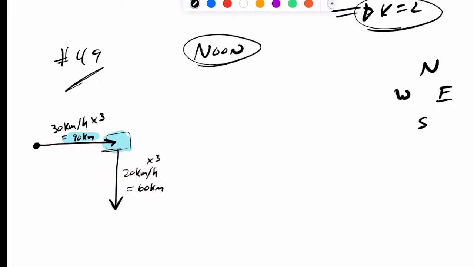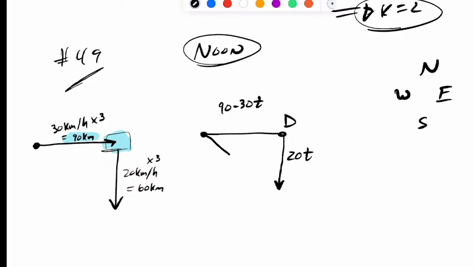So using the dock as the frame of reference, the initial distance from here to here is 90 minus 30t. Every hour that goes by, you're 30 kilometers closer to your destination until 3 hours has elapsed. And then every hour that goes by with this boat, you're 20t away.